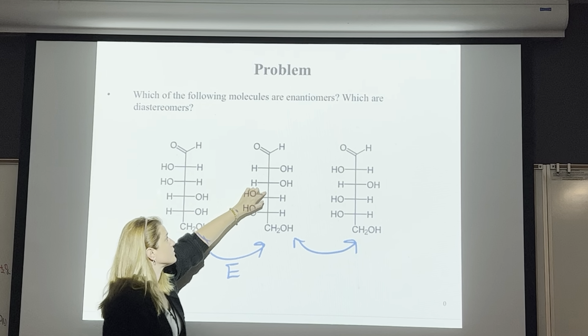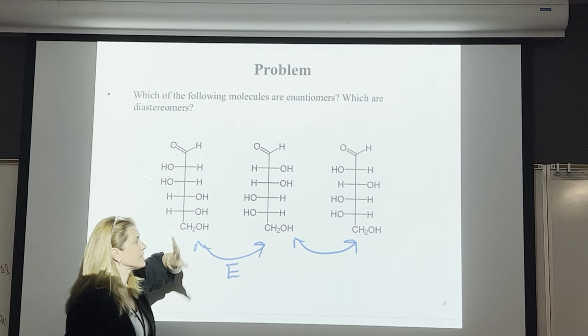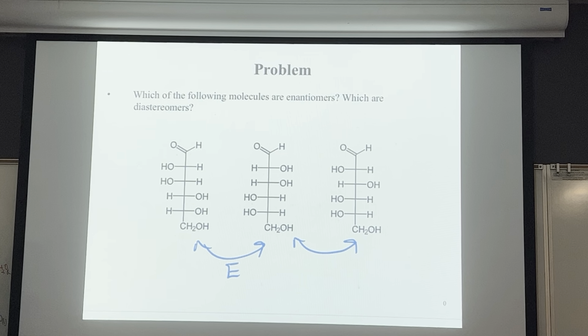So 1, 2, 3, 4, 5, 6 carbons, same number of hydrogens and oxygens. Okay, the same atom connectivity. Yep, so those ones are what? Good, diastereomers. What about 1 and 3? Enantiomers or diastereomers? Good. This is not on the quiz.